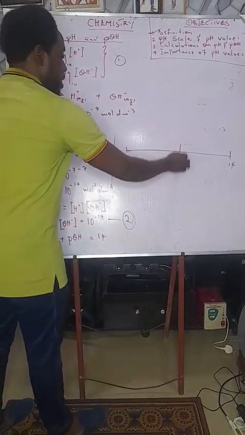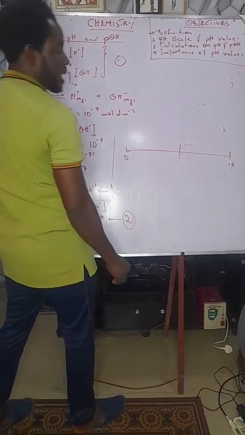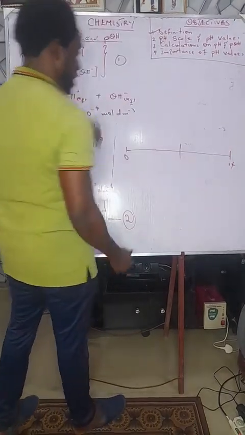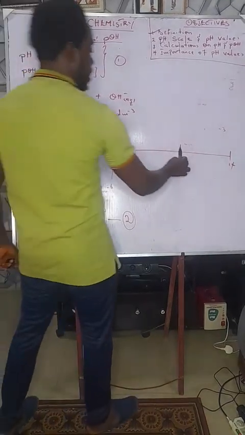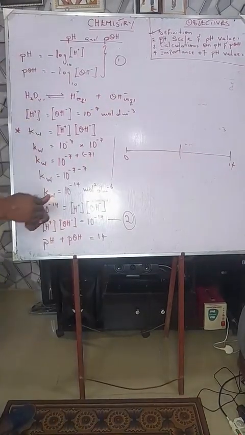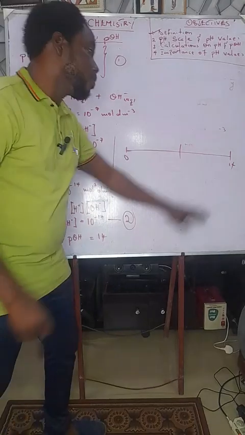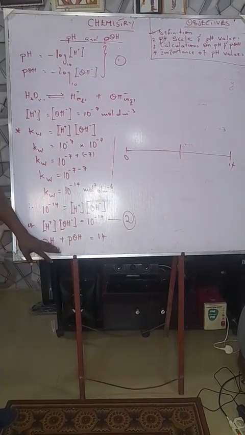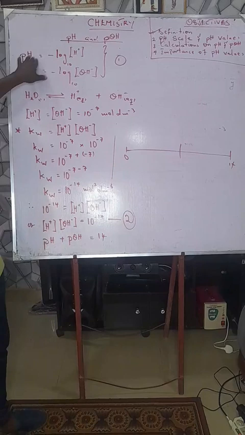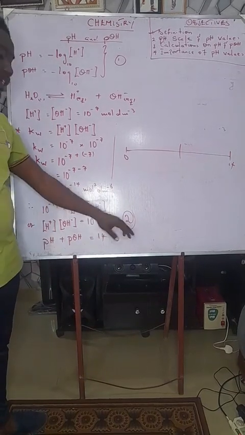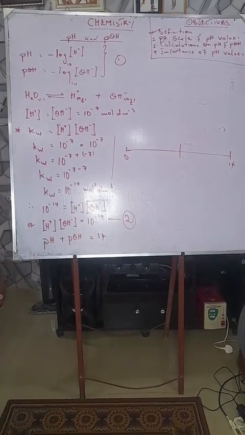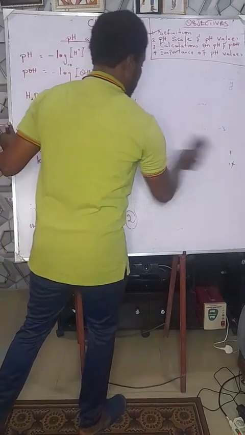Here is increasing acidity, here is increasing alkalinity. Here is increasing the concentration of H plus, here is increasing the concentration of OH minus. Everything together will give you 14. So sometimes they will give you pH, and they still want you to calculate your pOH. You just use this formula. If you already have your pH, just say pH plus pOH equals 14, then you get your answer.